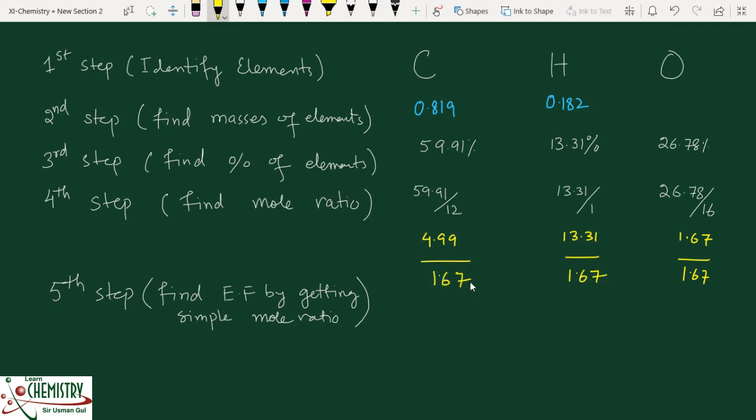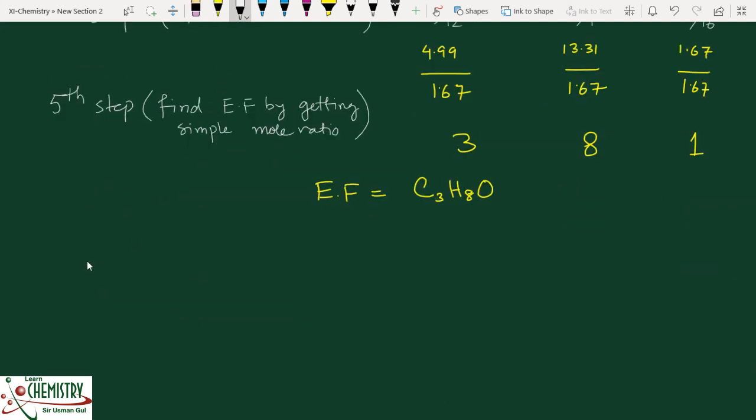So with this technique we will be able to get simple whole ratio, that is oxygen is 1, for the hydrogen it is 8, and for the carbon it is 3. So the empirical formula of this molecule is C3H8O.